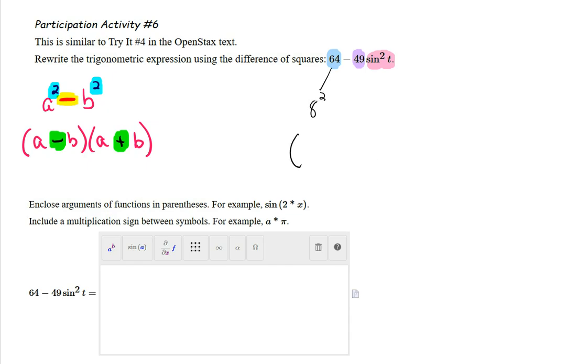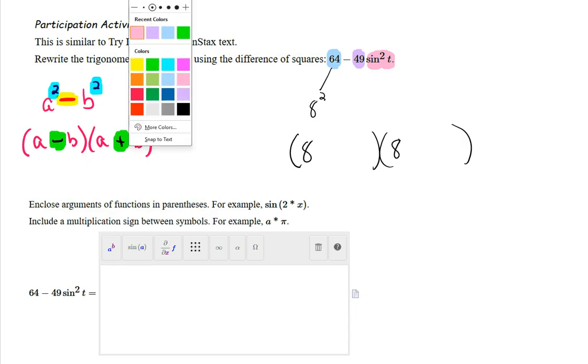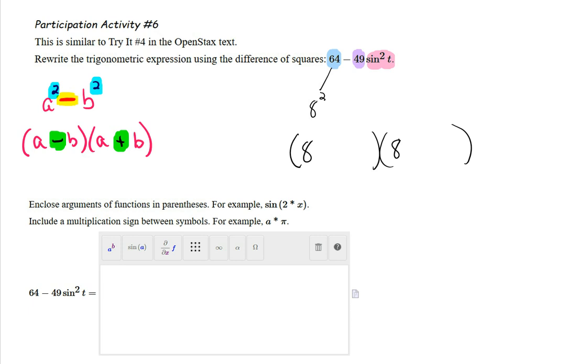So when you factor that, you get an 8 here and an 8 there, just like over here, when you factor the a squared, you get an a times an a. So 8 times 8 is 8 squared, which is 64. And then, of course, one has to be a plus and the other one has to be a minus. It doesn't matter whether you put 8 minus and then 8 plus or 8 plus and then 8 minus. They're two factors, so it doesn't matter.